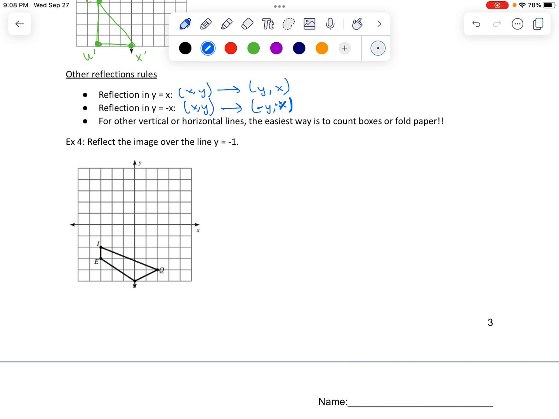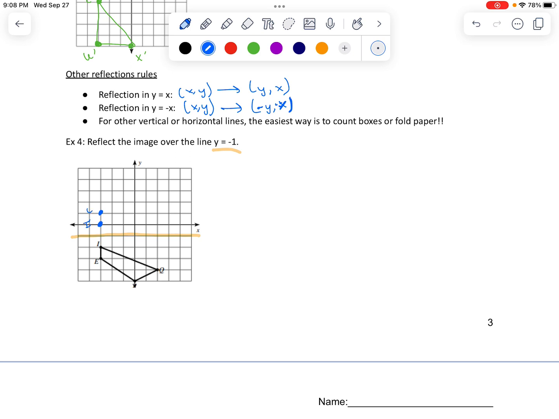All right, so next example, the reflection line is y equals negative 1. Draw on my reflection line. Now I count. I is one below, so I need to go 1 above. E is 2 below, so I need to go 2 above.